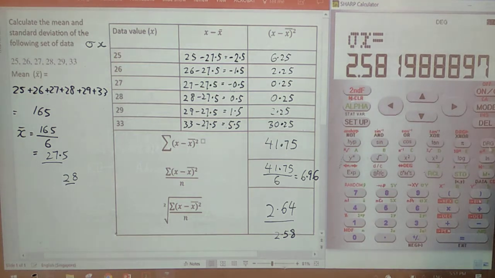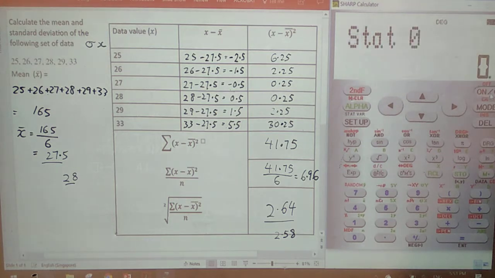All right, so let's check to see whether we have entered the data correctly. So this is what we're going to do. We'll just click on clear. All right. Now the data is still stored on the calculator. When we click on this button, you can see that I'm going back through the data that I have put in.